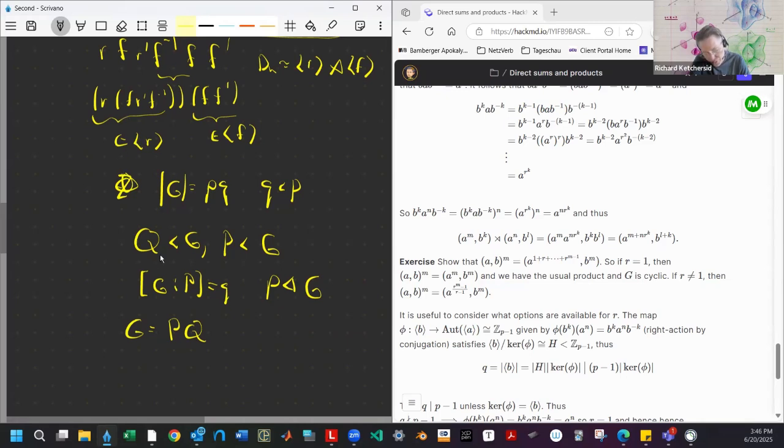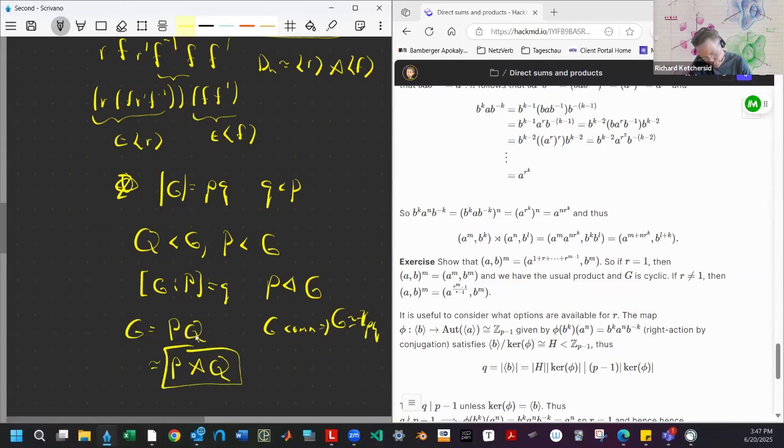But in general, if G is not commutative, right, then G doesn't have. So one case is it might be that G is commutative, and if G is commutative, that will imply that G is isomorphic to just ZPQ, right? If G is not commutative, then G will be isomorphic to the semi-direct product of P and Q, right?